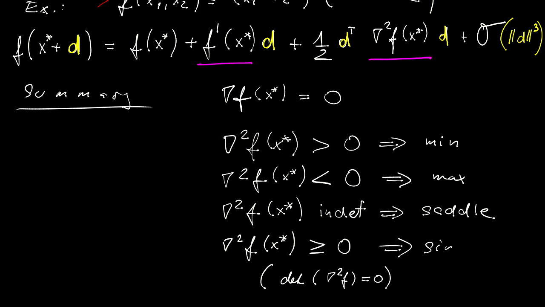Then we have a singular point, and we just can't tell directly from the second derivative, and we need to investigate higher order derivatives. Now that's it, and in the next lecture we are going to practice this for some useful functions, namely quadratic functions.